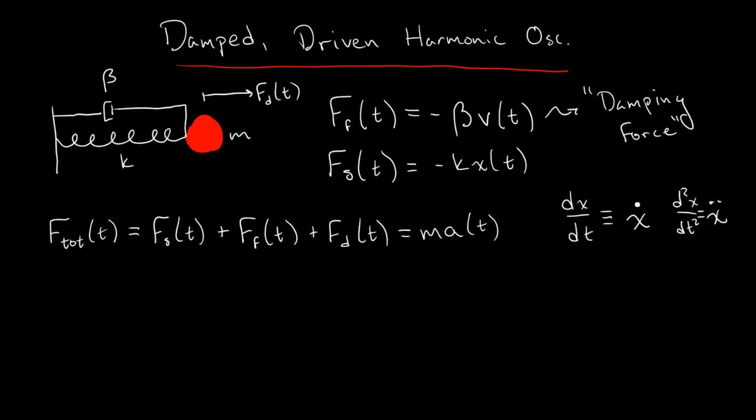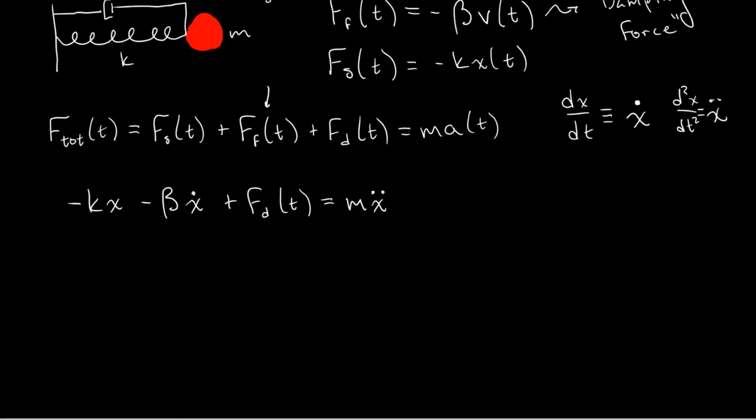So in this notation, I can rewrite this as minus kx minus beta x dot from this term, plus whatever this driving force is, and this is m x double dot. Just to make life a little bit easier, I'm going to rearrange this and get a nice differential equation: m x double dot plus beta x dot plus kx is equal to whatever my driving force is.